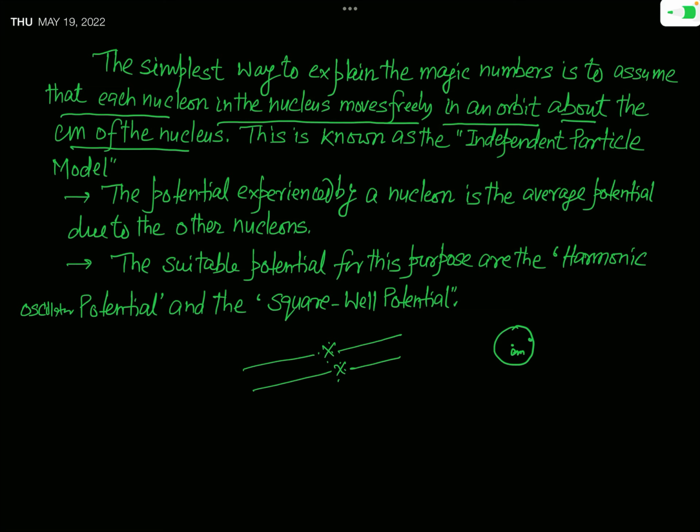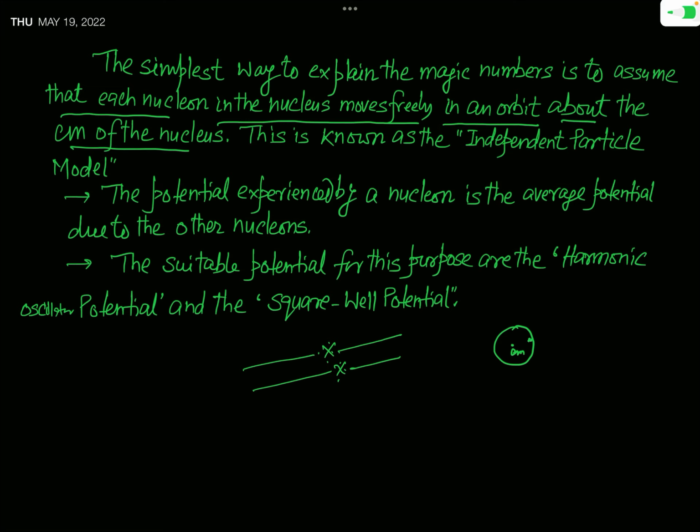This is known as the independent particle model, which we will discuss in detail in a forthcoming lecture. In this case, the potential experienced by the nucleon is the average potential due to all the other nucleons.